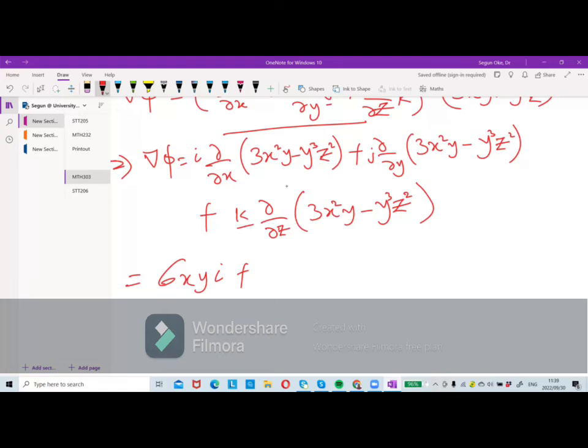Plus, let's differentiate this one with respect to y: 3x squared minus 3y squared z squared.